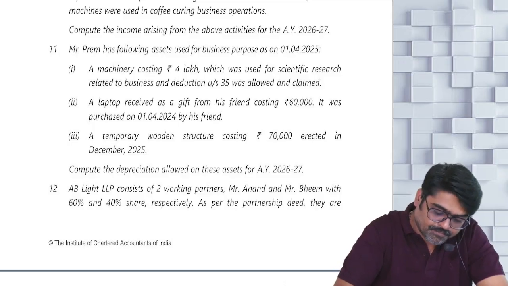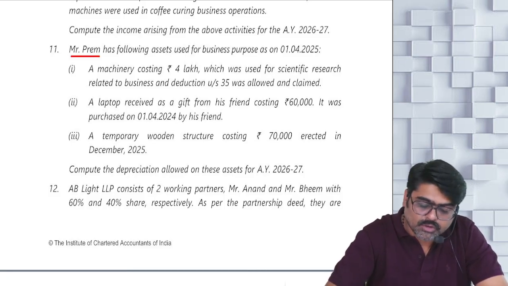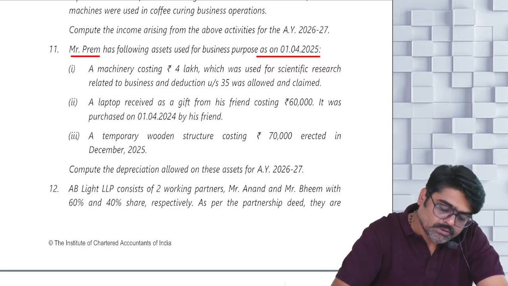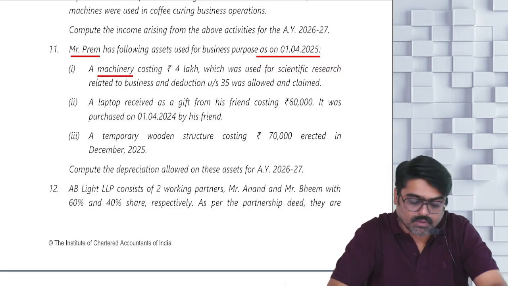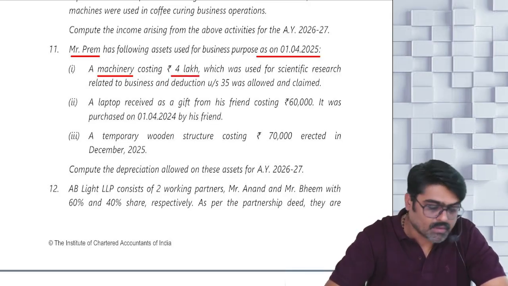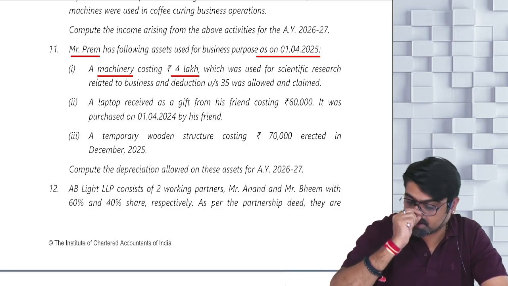Mr. Prem has the following assets used for business purpose as on 1st April 2025. He has a machinery costing rupees 4 lakhs, which was used for scientific research related to business, and deduction under section 35 was allowed and claimed.